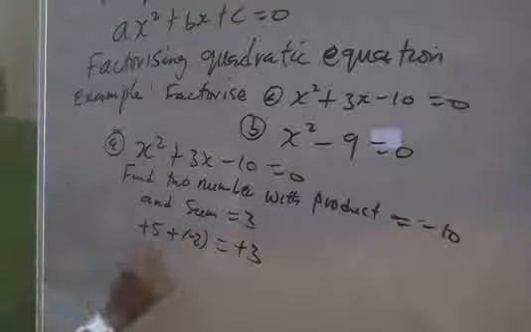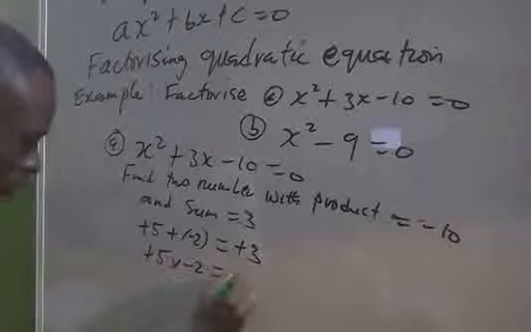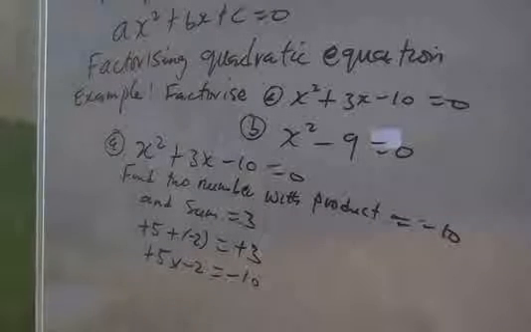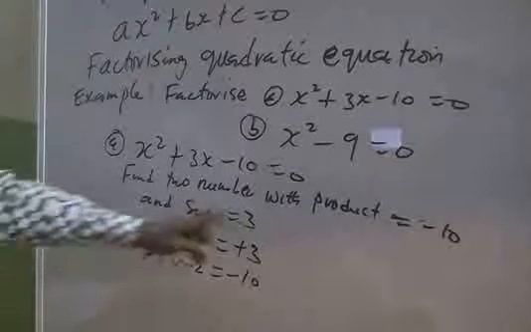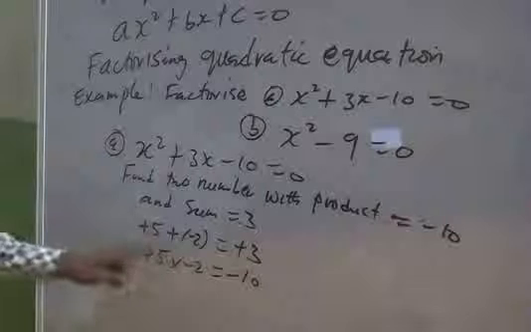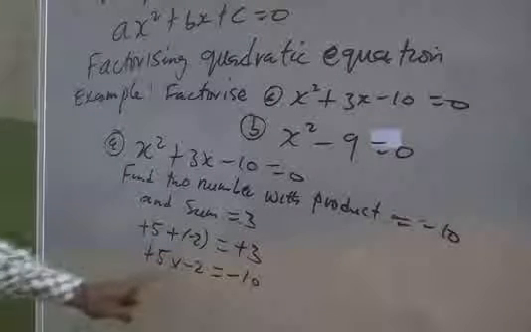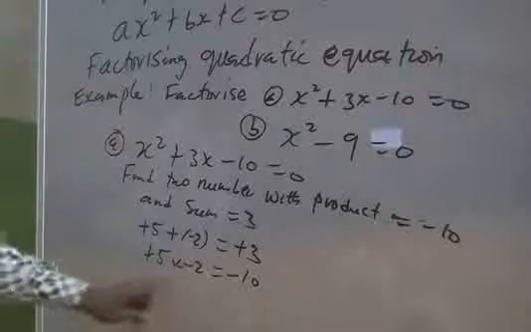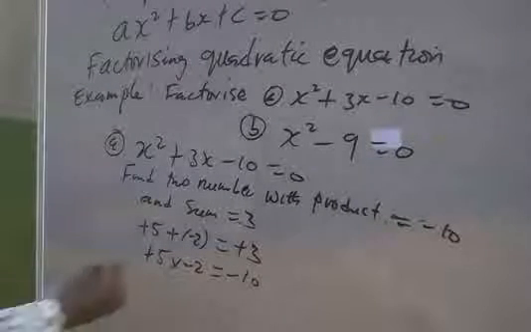Plus 5 times minus 2 will give us minus 10. So you can see that the two numbers you add together to give you plus 3 are plus 5 and minus 2. And the two numbers you multiply to give you minus 10 are plus 5 and minus 2. So the two numbers are 5 and minus 2.